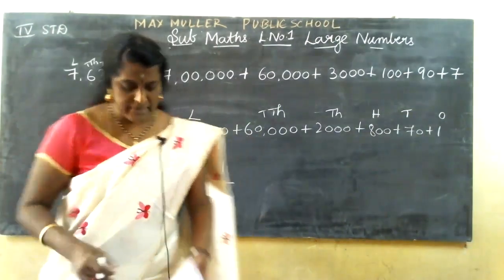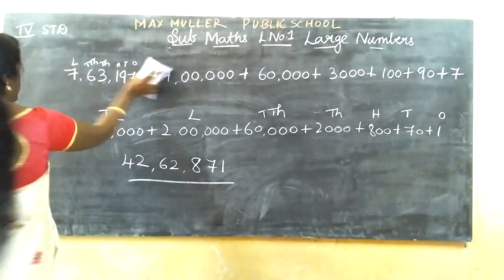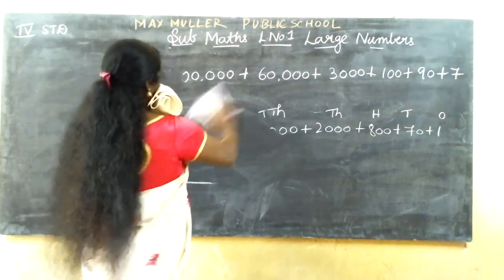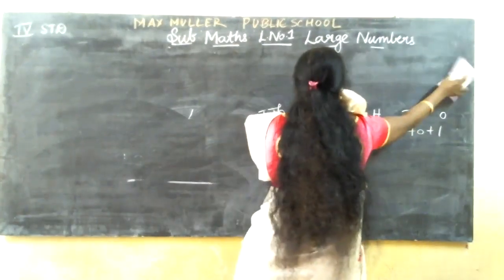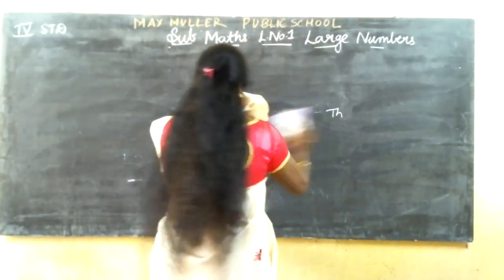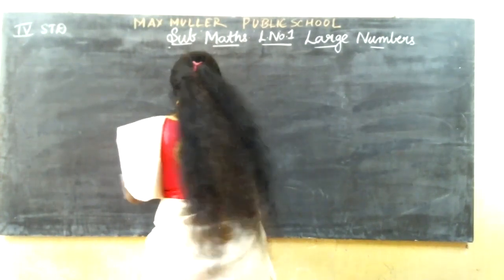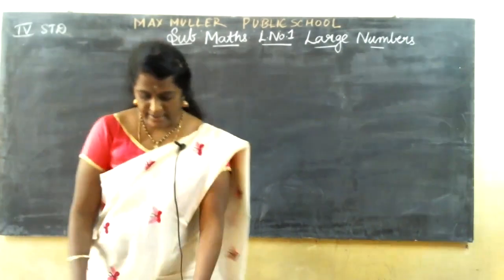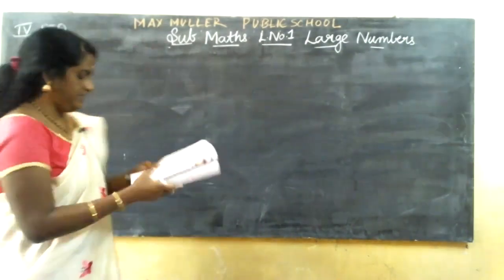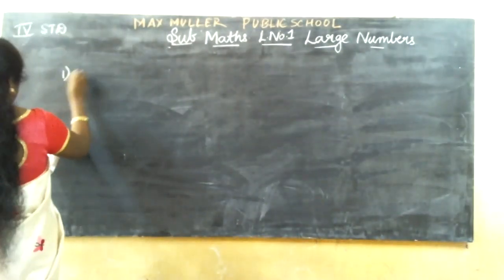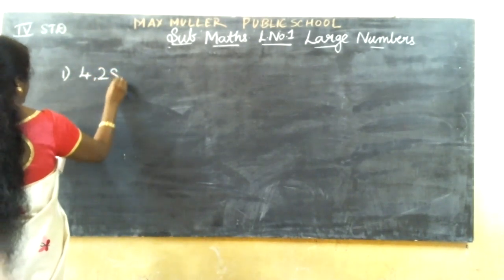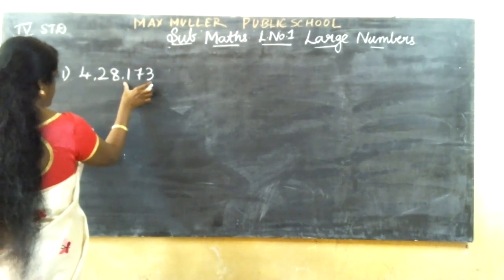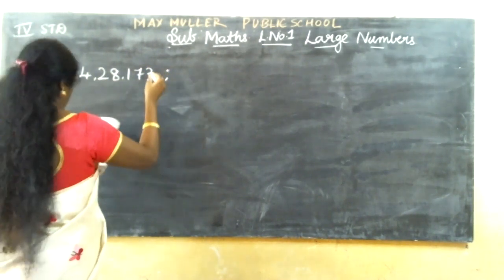Now, write the numbers in ascending and descending order. One sum I'll teach, children. When one number is fully finished, keep a dot and put a comma.